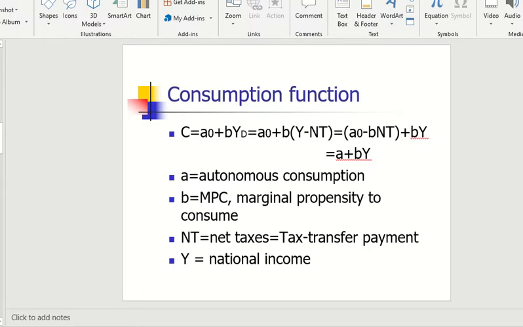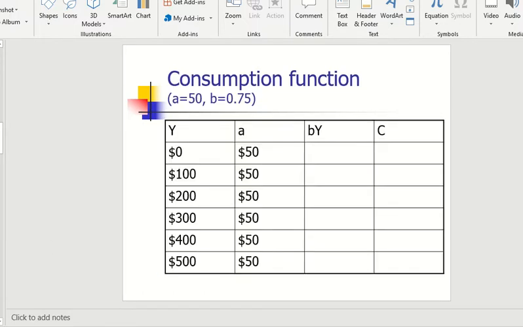So let's do a little bit of an exercise. Let's suppose that we are given the autonomous consumption, which is $50, and we are given the marginal propensity to consume, which is a little b here, and it is 0.75.